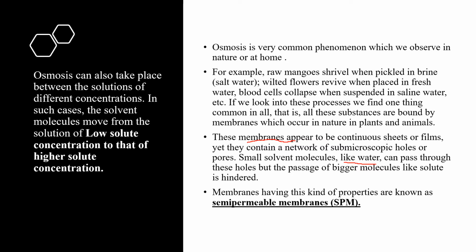It means the holes present in the membranes only allow the movement of small solvent molecules, and hinder the movement of bigger solute molecules. Membranes having this kind of property are known as semi-permeable membranes, denoted by SPM.